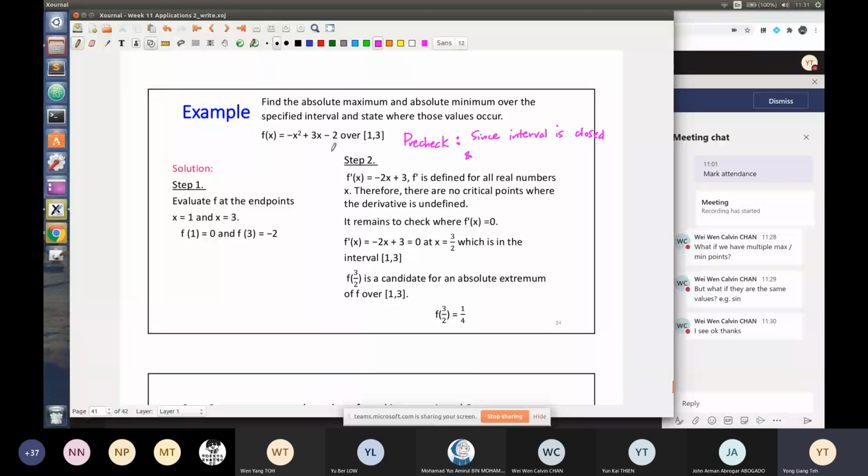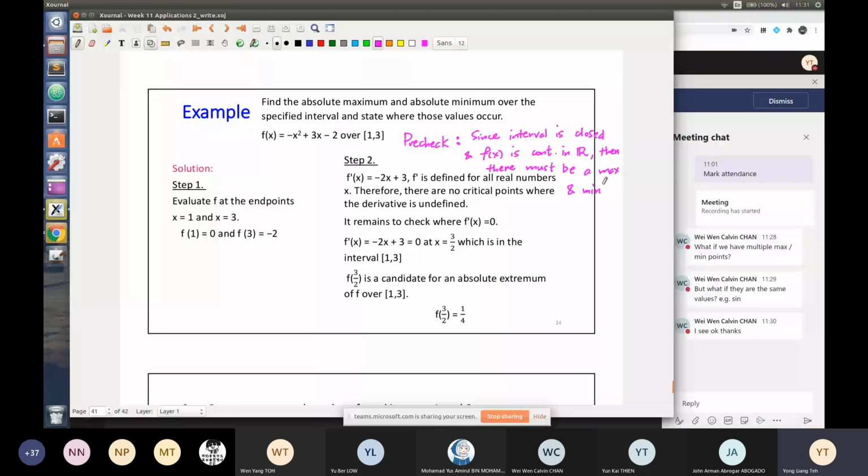and check out this function. This function is just a polynomial function. So therefore, this function is defined for all R, continuous in R. So therefore, f of x is continuous for all R, then there must be a maximum and minimum.